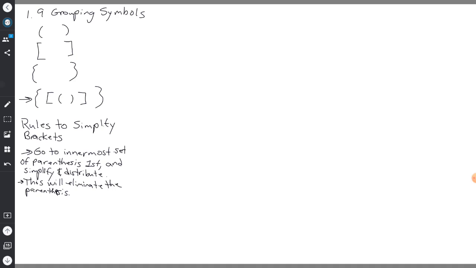Simplify the inside or distribute whatever is on the outside of it. So that will eliminate that set of parentheses. Once you eliminate one set of parentheses, you go back. Let's call this step one. Go back to step one.